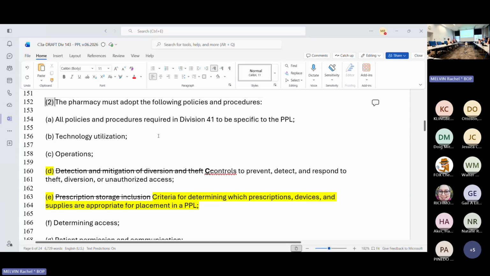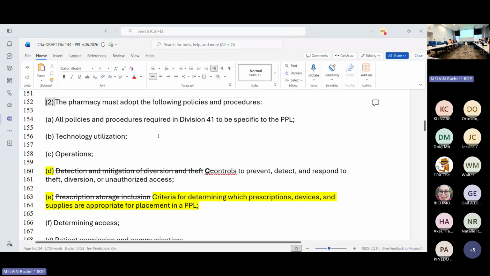Again, with paren E, remembering that the board had discussed a policy of what would be safe to put in the PPL. So for example, you wouldn't want to put in refrigerated drugs if you don't have some kind of cold drug storage management within your PPL, or potentially drugs that have other manipulations that need to occur prior to dispensing.